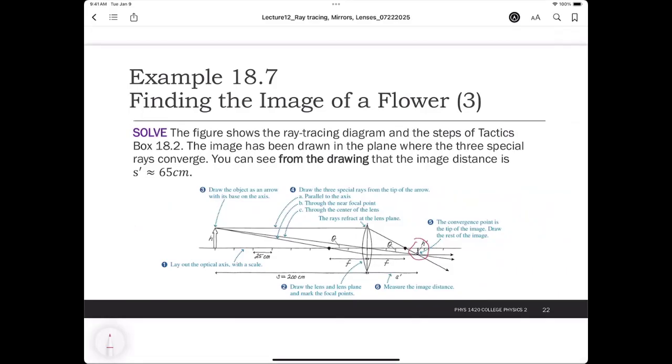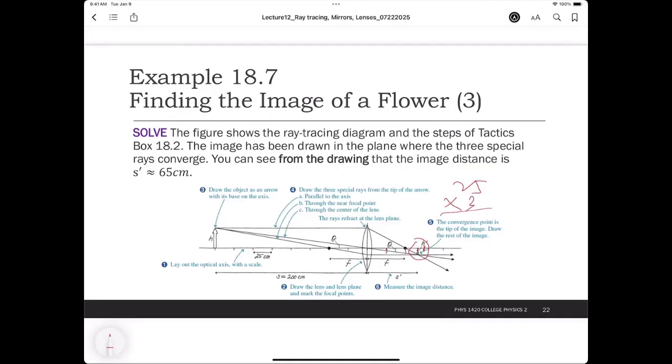From the drawing, the image distance is around 1, 2, 3 units.